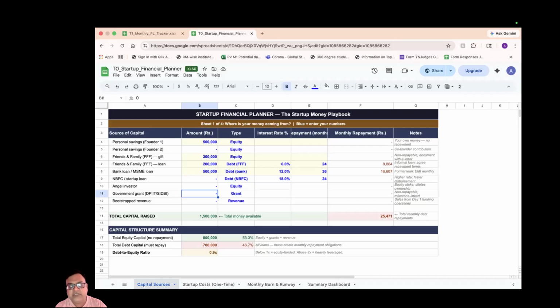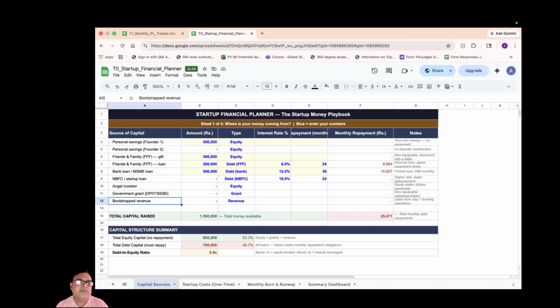All you have to do is use that reasonably well. Use it only for your product development as long as possible. And from time to time, keep informing the government, keep giving them updates on how this is happening. So this is a grant, non-repayable, milestone linked. Okay. So you can explore grants as well.